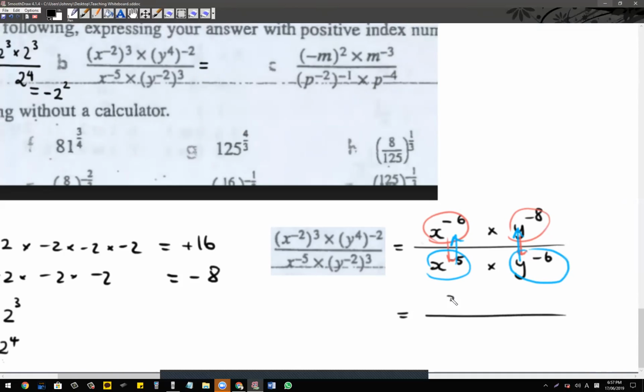So this is x to the power of 5, x to the power of 6, y to the power of 6, y to the power of 8, times. So this is 1, because these cancel out, they get smaller. So it's going to be x y squared. Okay, so hope that's clear.